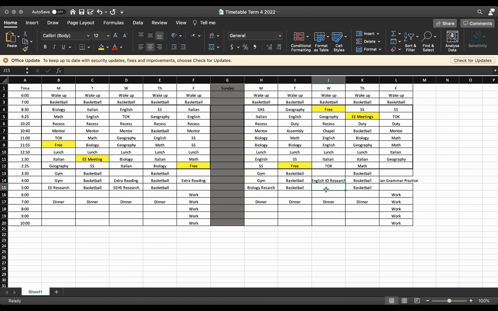I also have a geography IA and a maths IA. That hasn't started for me yet, but as time goes on and I finish these IAs that I have here, I'll be able to change those to the ones that I'm going to be moving on to.